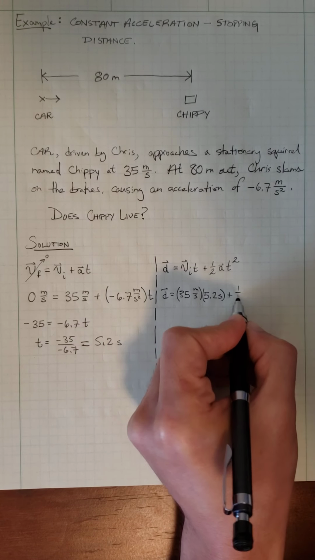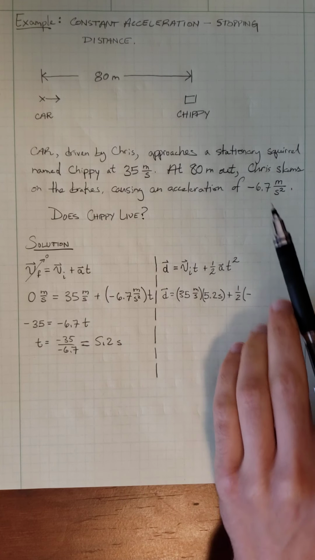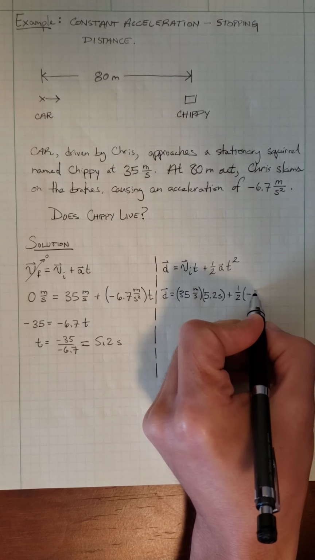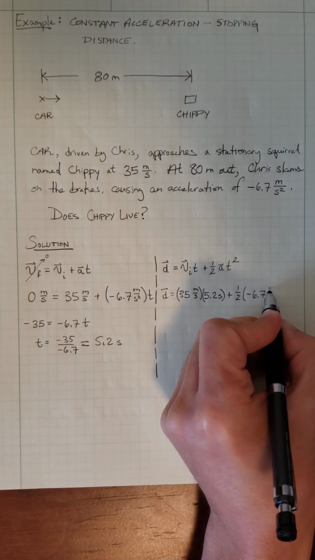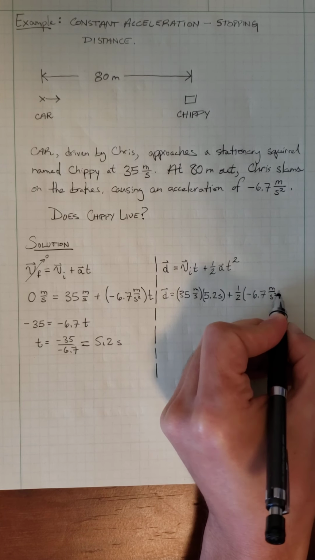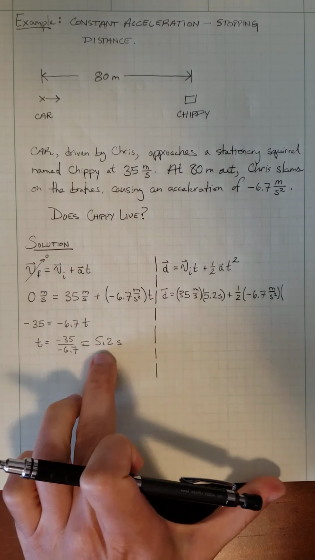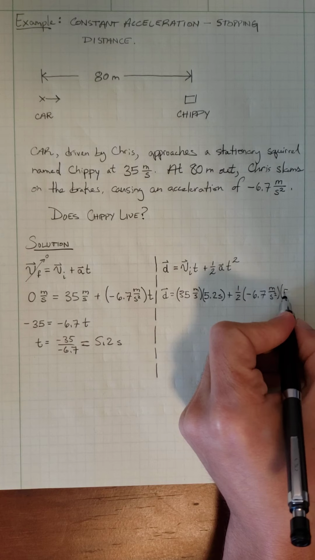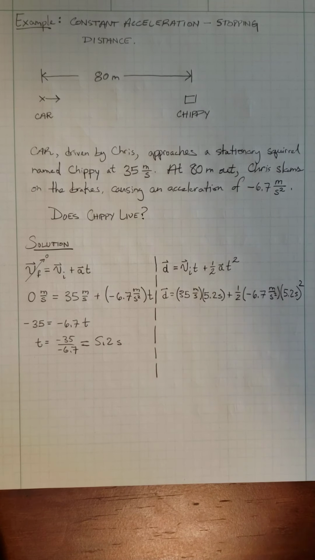plus 1/2 times the acceleration. Important to grab the negative sign here. Meters per second squared, okay? And then times 5.2 seconds squared.